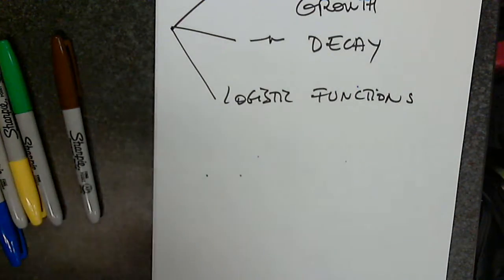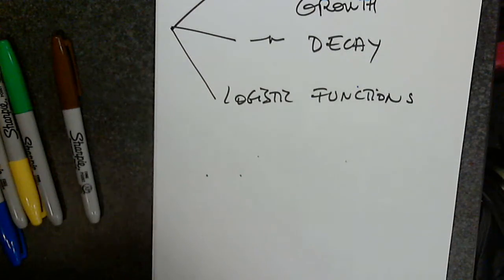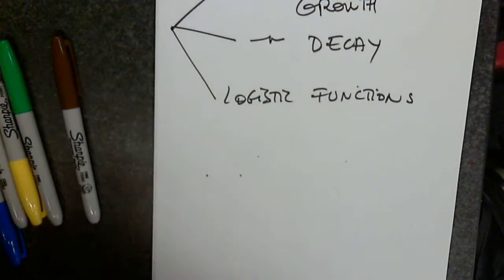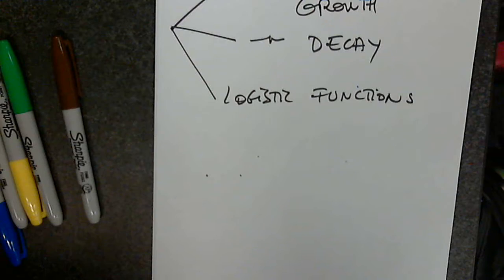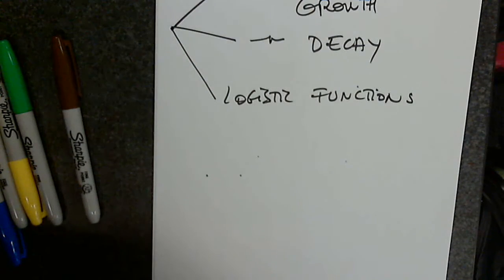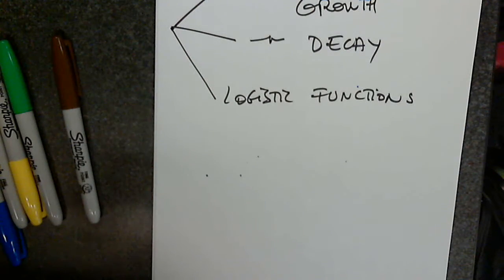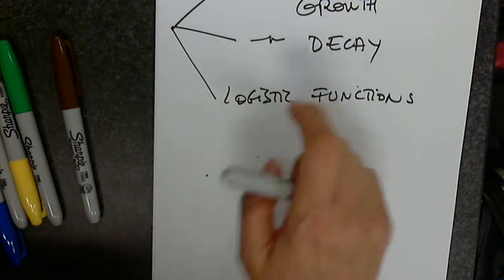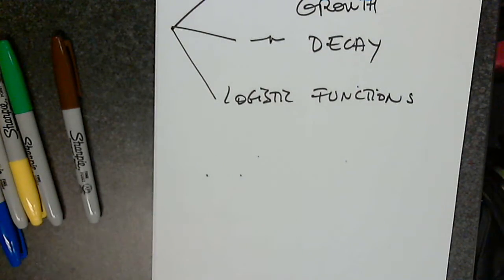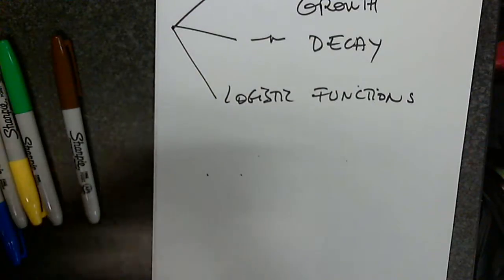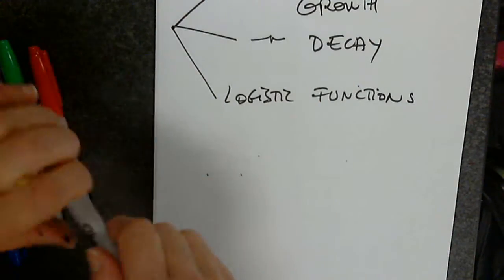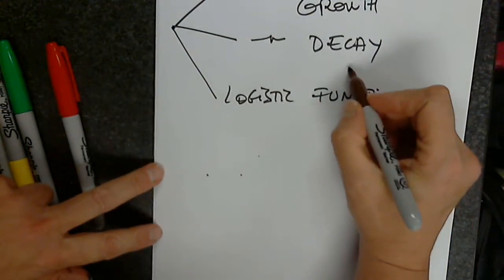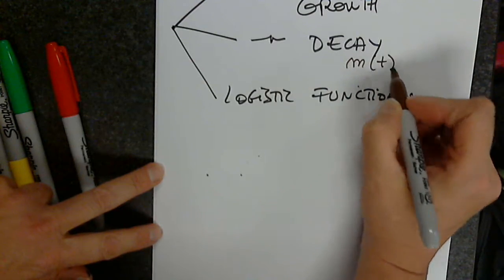So assuming we have here 100 milligrams of a radioactive substance, that radioactive substance decreases its mass in time using an exponential decay. It's a decreasing function. For this one, we use the notation m of t because we're talking about mass of t.